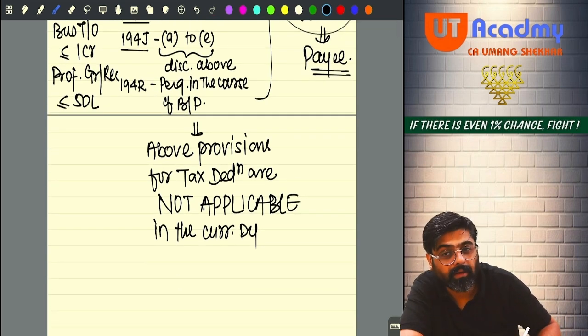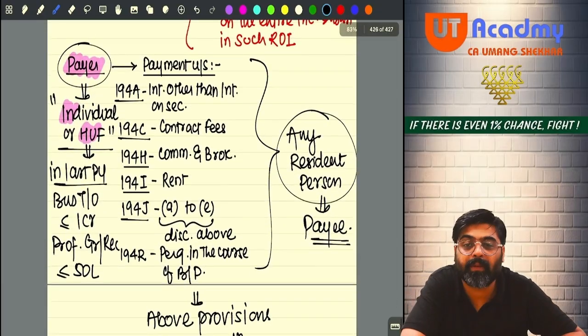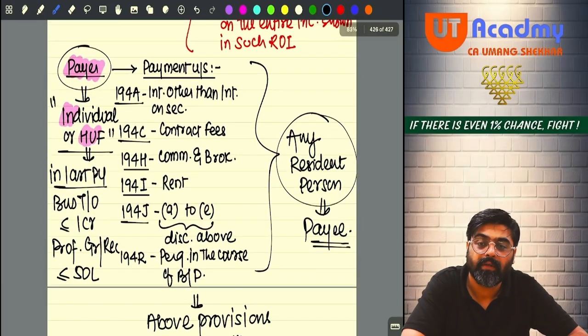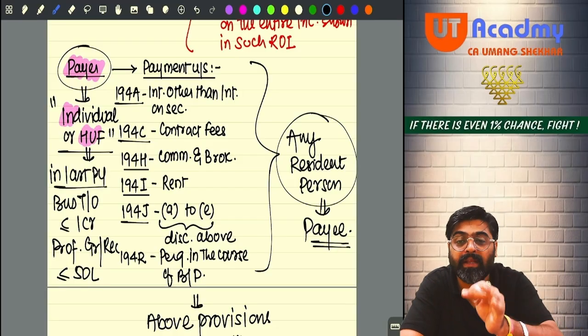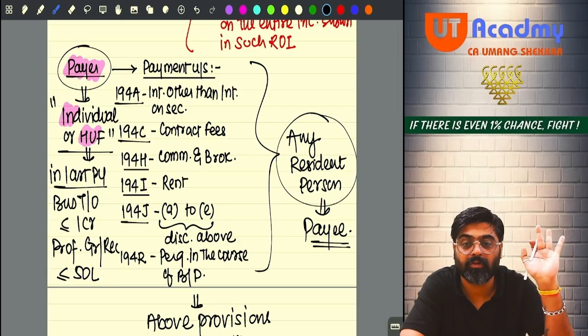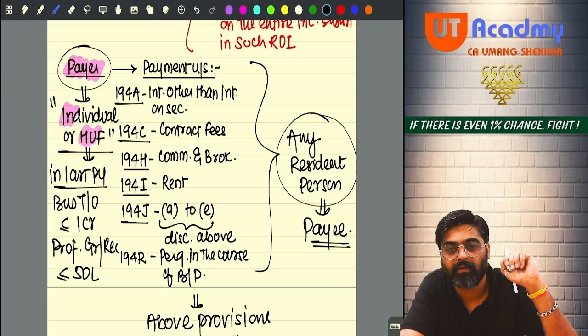Not applicable in the current previous year means what? Meaning that even if this payer is making these payments to a resident, even if there are TDS provisions telling you to deduct TDS, please don't deduct TDS. You are not required to deduct TDS because you are such type of payer.